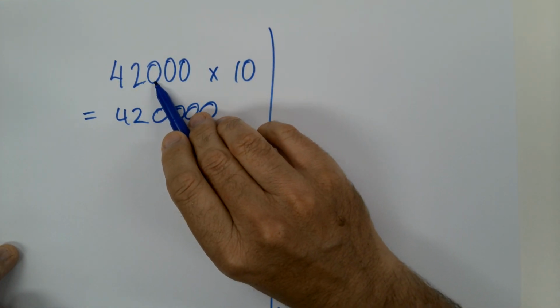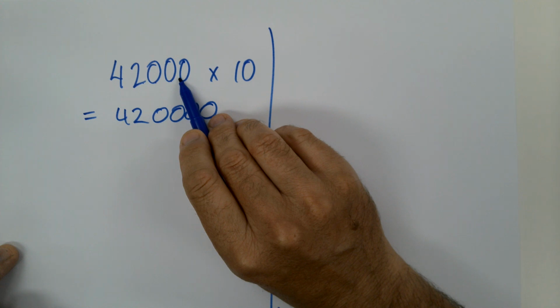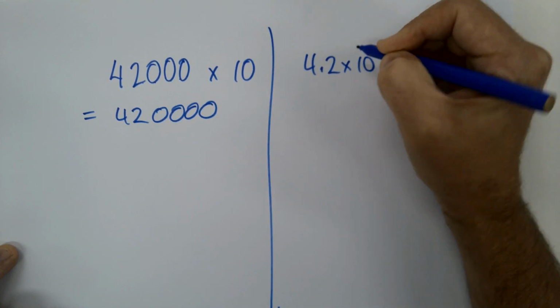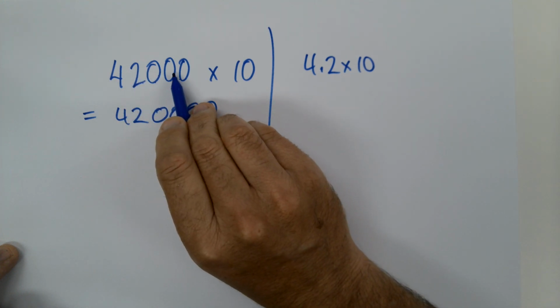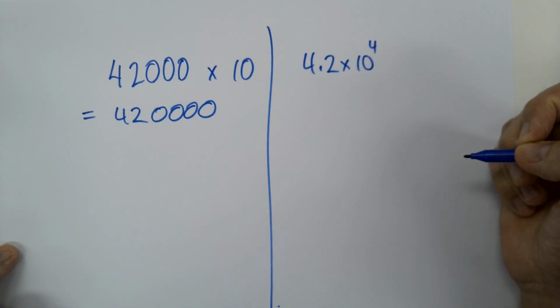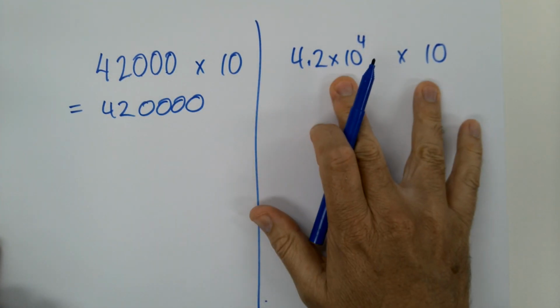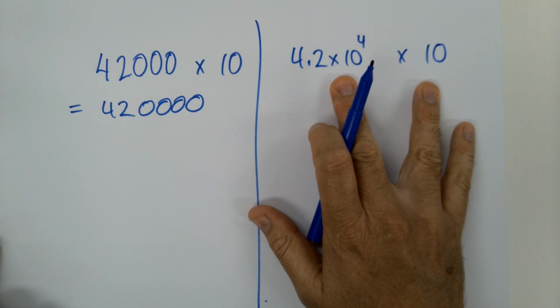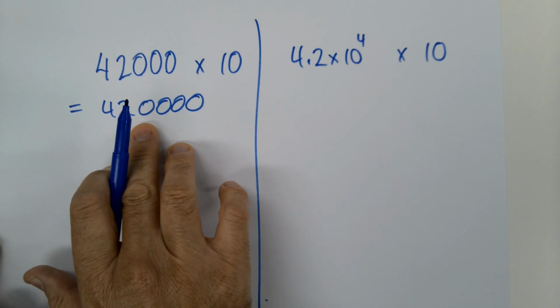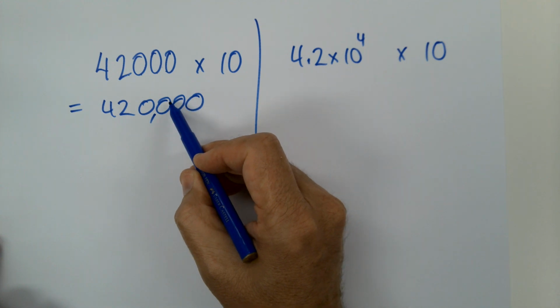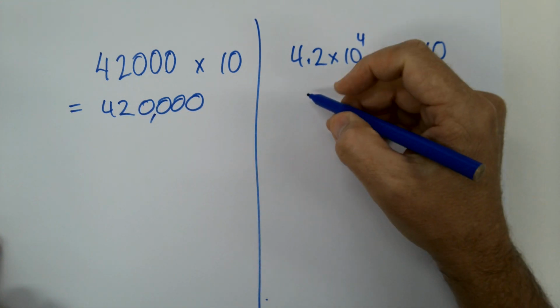If I get 42,000 in scientific notation, that's going to be 4.2 by 10 to the 4. So I'm doing exactly the same thing over here. Now, according to this, it's 420,000.